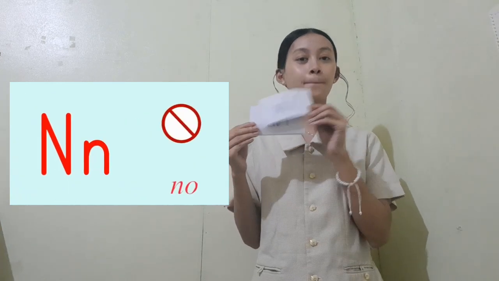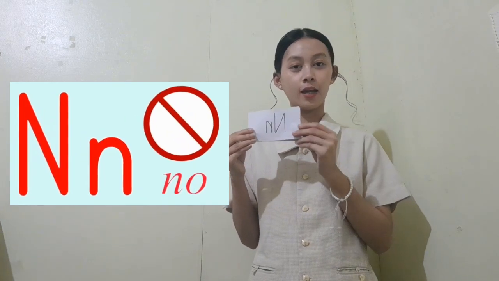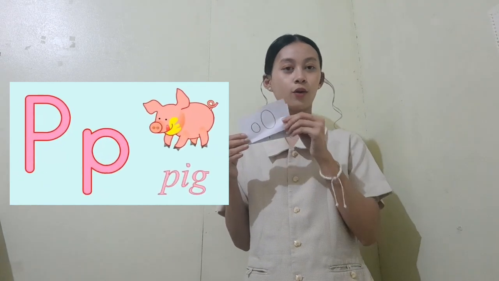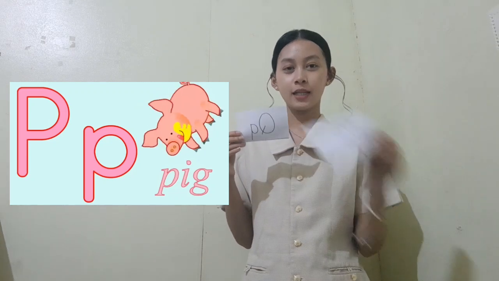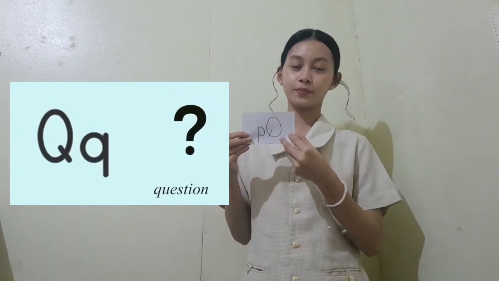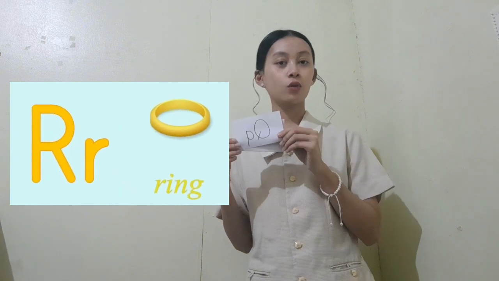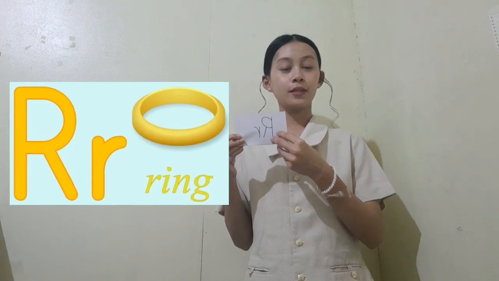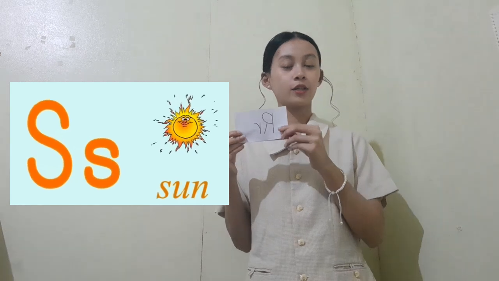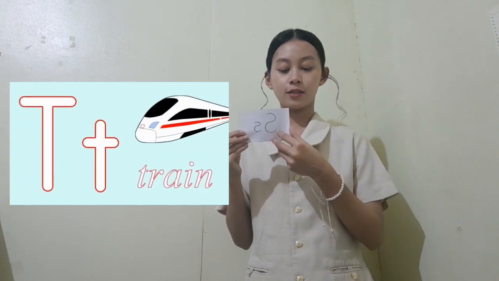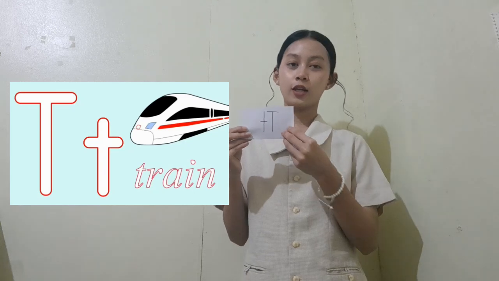N is for no, no. O is for octopus, octopus. P is for pig, pig. Q is for question, question. R is for ring, ring. S is for sun, sun. T is for train, train.